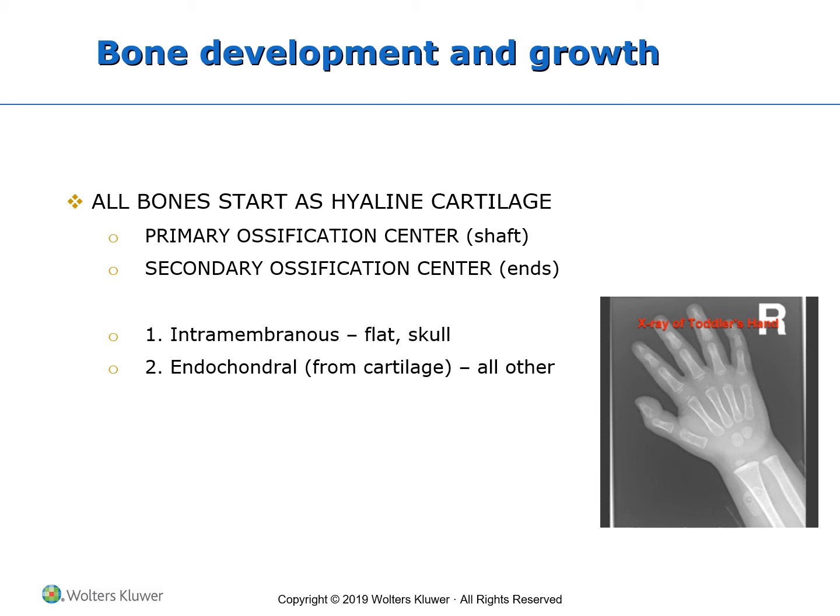However, there is a second type of ossification that is called intramembranous, and it's typical for flat bones and for the skull, where due to the actual structure of those bones, we don't have a lot of space. They have a large surface, but they don't have a lot of thickness. So the whole ossification process is a result of building bone structure from the membranes that are covering those structures.